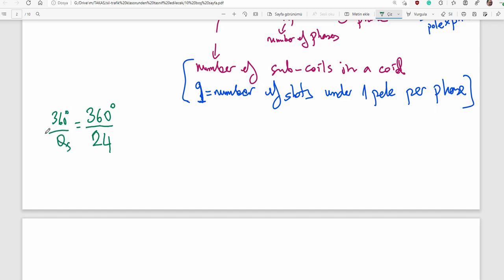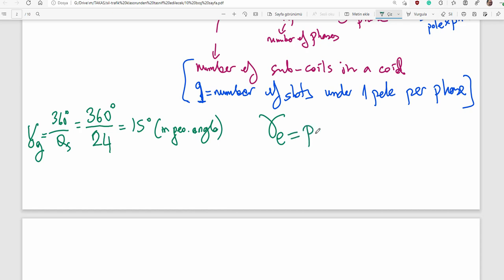Number of slots, that is gamma geometrical, can be written as 15 degrees in geometrical angle. Remember, electrical angle is equal to the number of pole pairs times the geometrical angle.